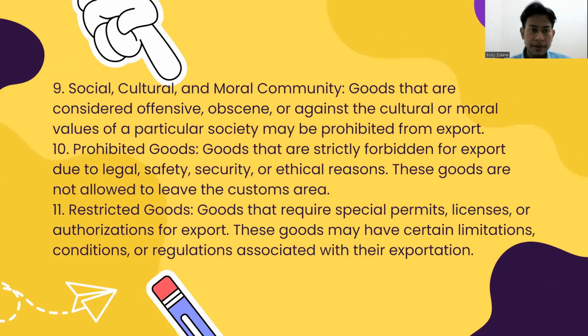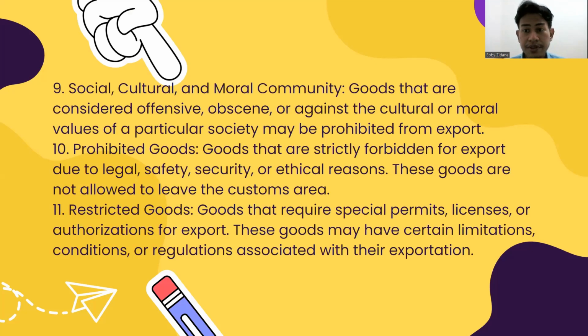And the 9, it is social, cultural, and moral community. Goods that are considered offensive, obscene, or against the cultural or moral value of a particular society may be prohibited from export. And then number 10, prohibited goods. It is goods that are strictly forbidden for export due to legal, safety, security, or ethical reasons.